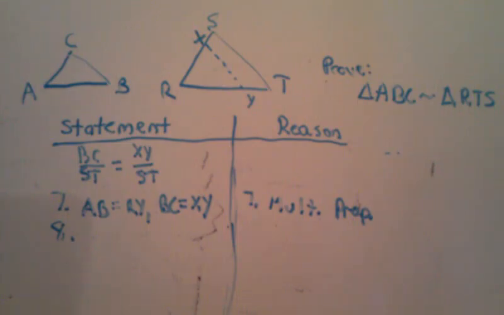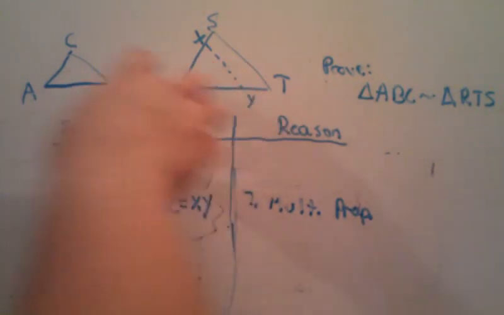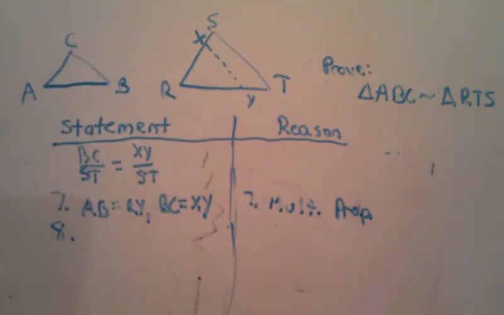And it was given, that we'll have to figure out. On step number 2, when we drew this line, we said CA equals XR. So we have all three sides. Okay? So we have all three sides.